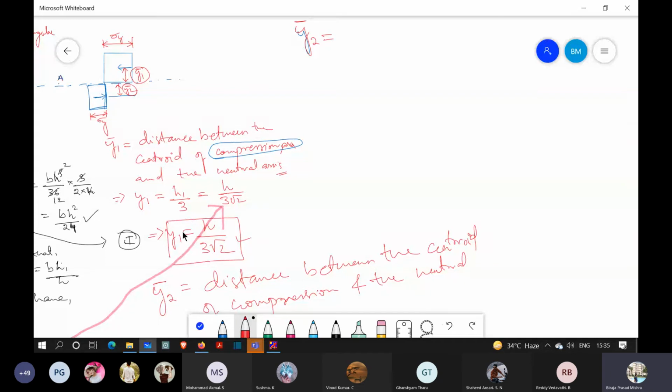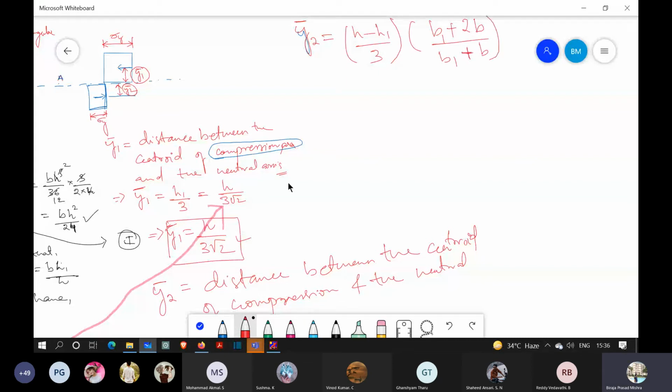Okay, y2 bar equals to, please pay attention here. So it is h minus h1 by 3 into, sorry, not b, it is b1 plus 2b by b1 plus b.